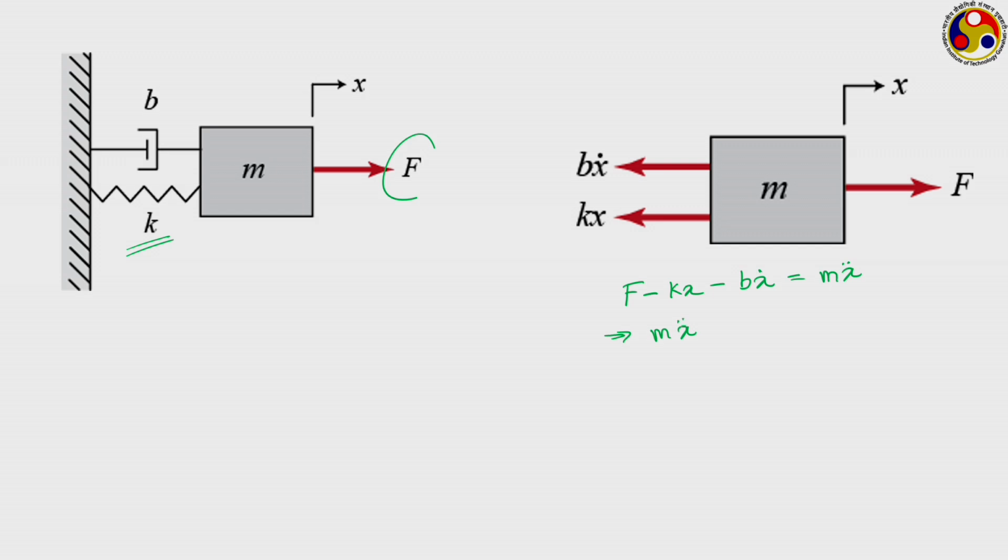So, m x double dot plus b x dot plus kx is equal to F. It is a perfect example of a second order system.